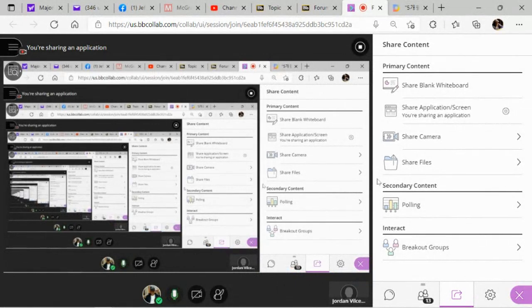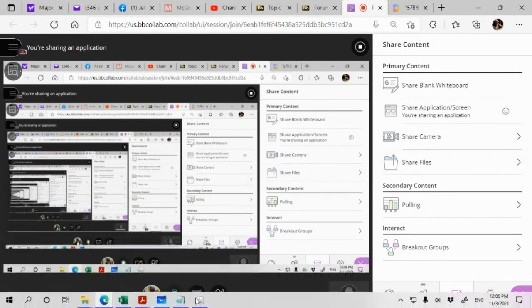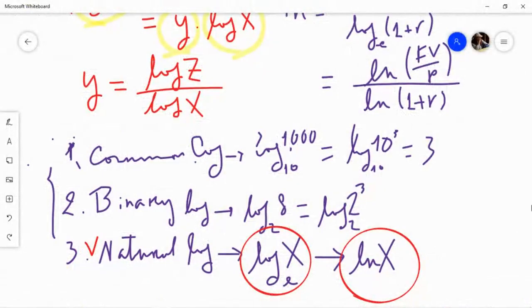All right, we're back. Now, let's think about the basis of this whole natural law, because in our last session, I mean, before the break, I made a big jump without explaining the connection between Euler's number and the natural log.